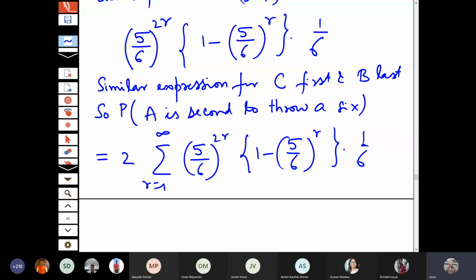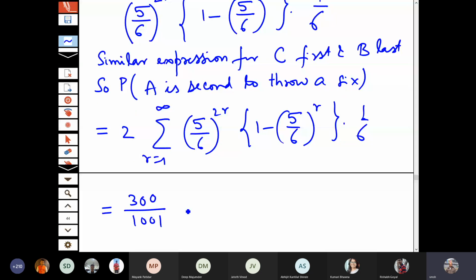You can easily calculate all of that. It is equal to 300 by 1001, which is approximately 0.2997. So I think you can answer these types of questions.